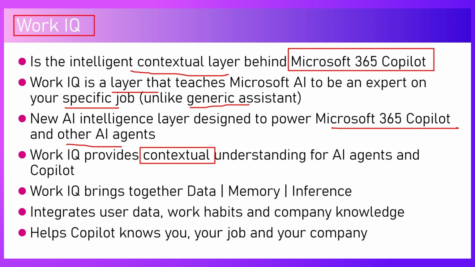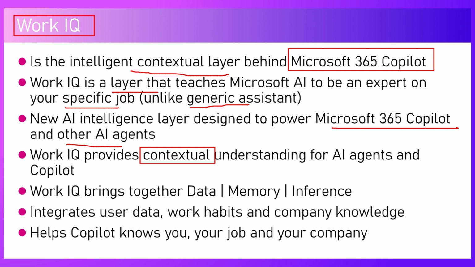When I say contextual understanding, take for example the Microsoft 365 ecosystem. There are different applications like SharePoint, OneDrive, Teams, and even Outlook. What Work IQ does is first understand the entire system. There is data, there is memory, and there is inference. The first point of action is data. It collects the data.